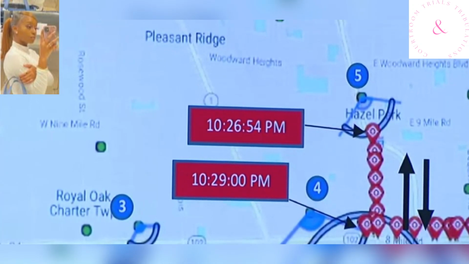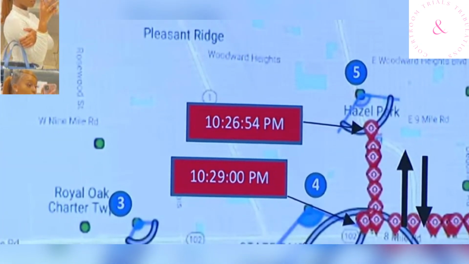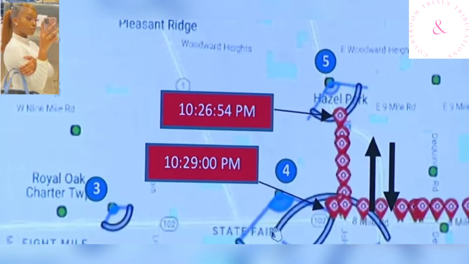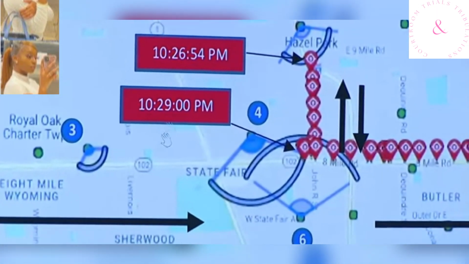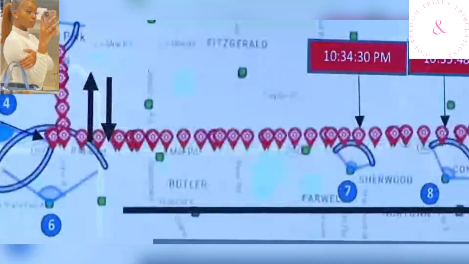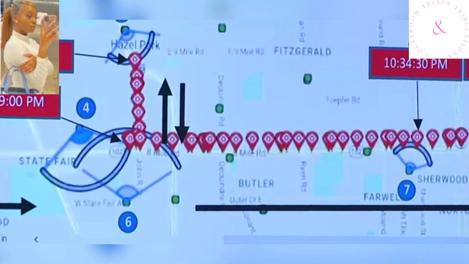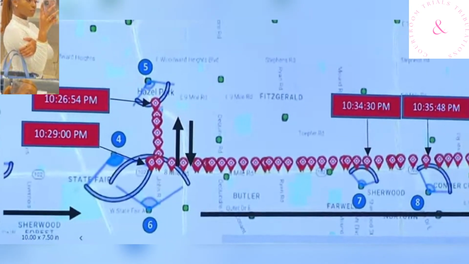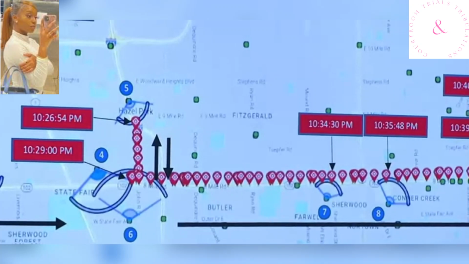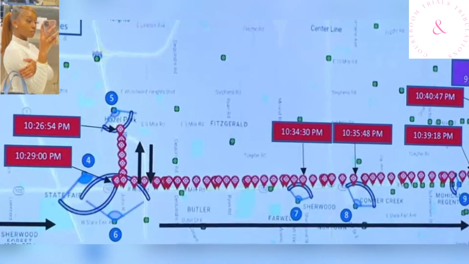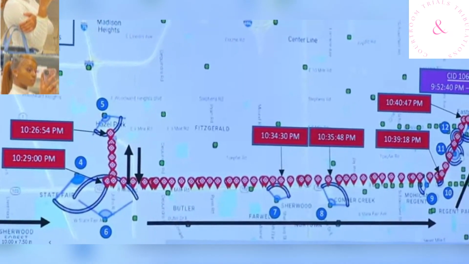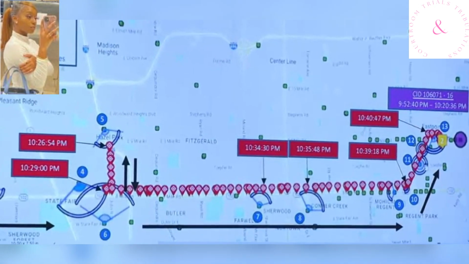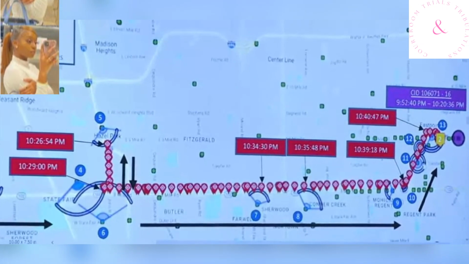Okay, and then after being in the Hazel Park area, where does the device appear to move from there? Then it comes back south, and then east along 8 Mile, along with the Google information, up to the geographic area of the Melrose Court address in East Point. Okay, and so from this data, do you have any opinion about the general trajectory of the device from the time period of 10 o'clock to 10:40 p.m. on January 4th, 2022?